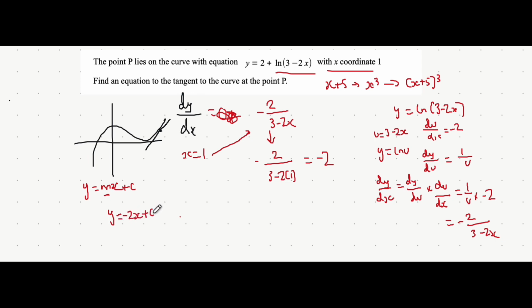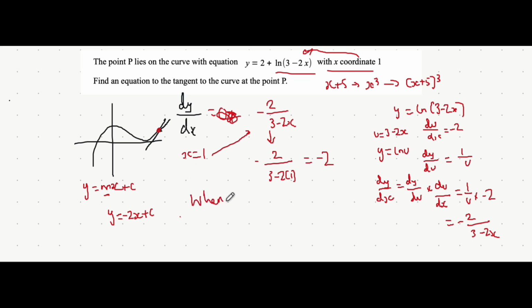Now we need a coordinate that the tangent crosses through to find the value of c. Well, we know that the tangent intersects the curve at that specific point. So if we put x equals 1 into the equation of the curve and get the y coordinate, that's the same as the y coordinate that this tangent line crosses through. So let's do it here.